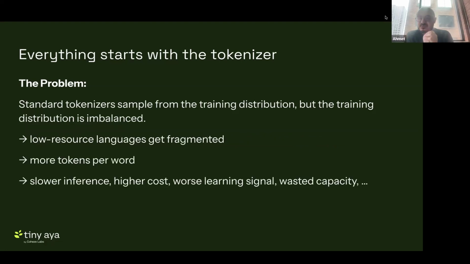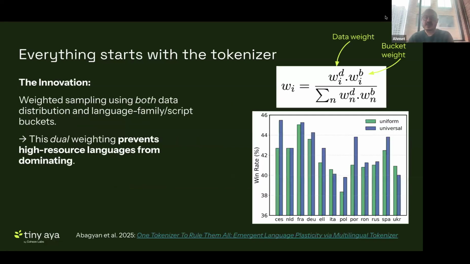In general, what we want is one tokenizer with a balanced distribution across higher resource and lower resource languages in one dimension, but also across languages clustered in different regions. So our approach is a sort of innovation there.